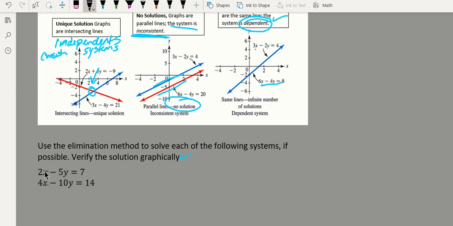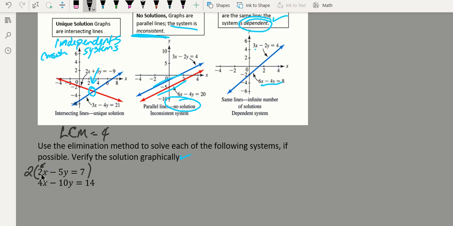If I look at this and I look at 2 and 4, I have to ask what is the least common multiple between 2 and 4? Well, the LCM between the two is actually 4. So in order for me to get this 2 to become 4, I would need to multiply that by 2.